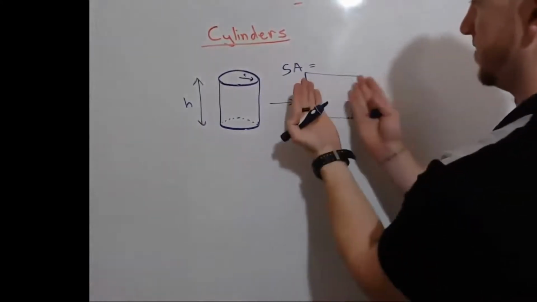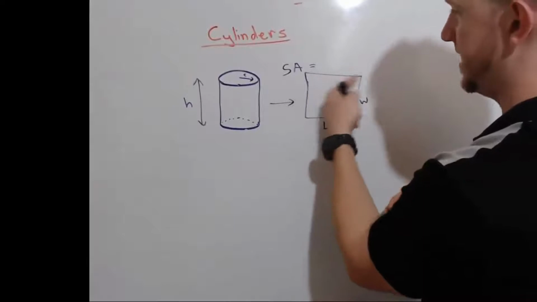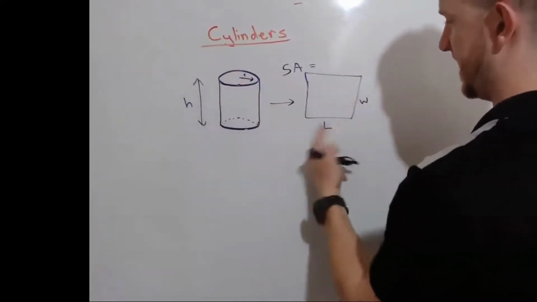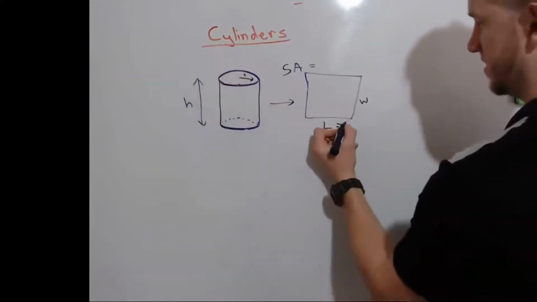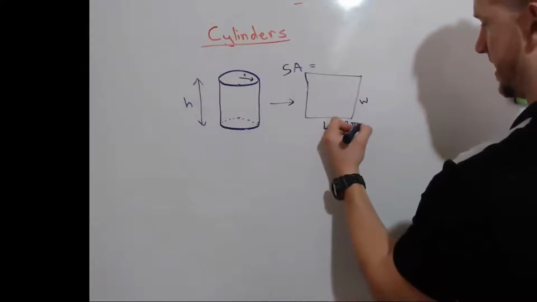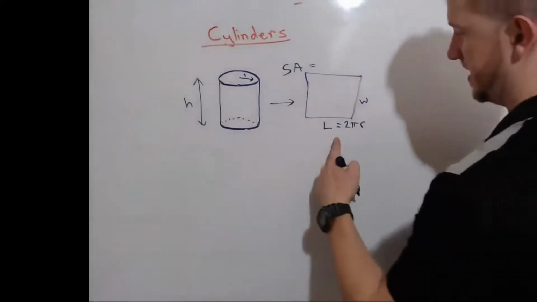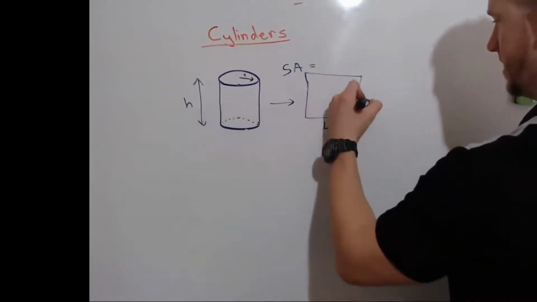But hopefully you can see that if I take this and roll it up, the distance from here to here is the same as the distance around the cylinder. So this length is actually equal to the circumference, which is 2 times pi times r. So now that I've got this, that means its width is actually my height.